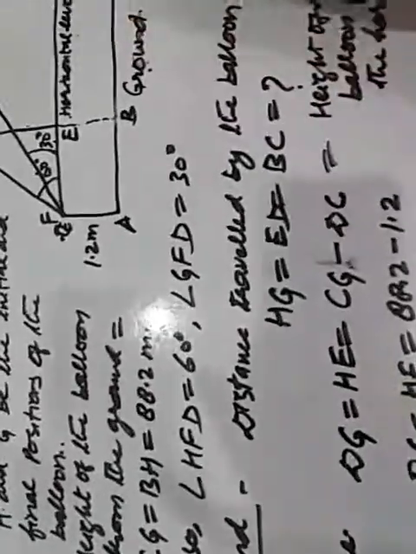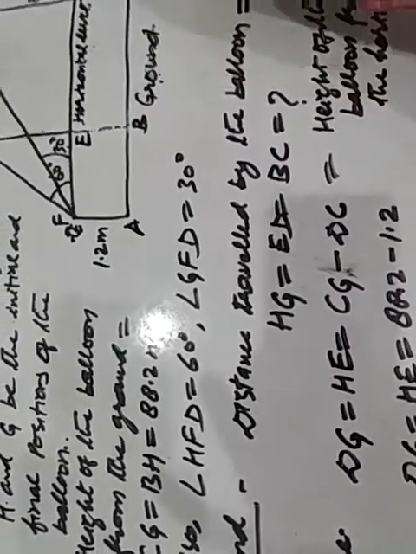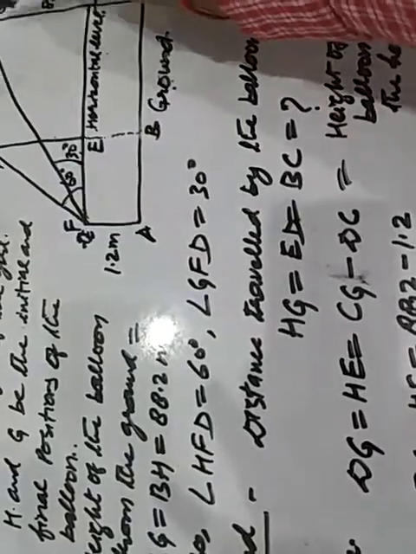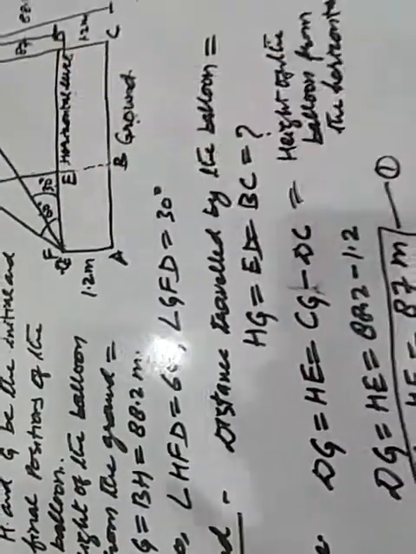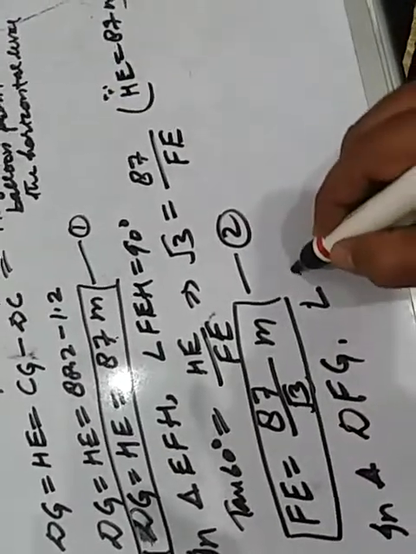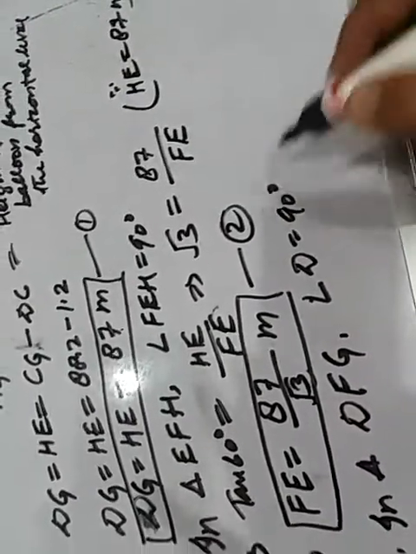Are you sure? Triangle DFG, where is that? This is D, this is F and G. This is the bigger triangle where the acute angle is 30 degree, where angle D equal to 90 degree.